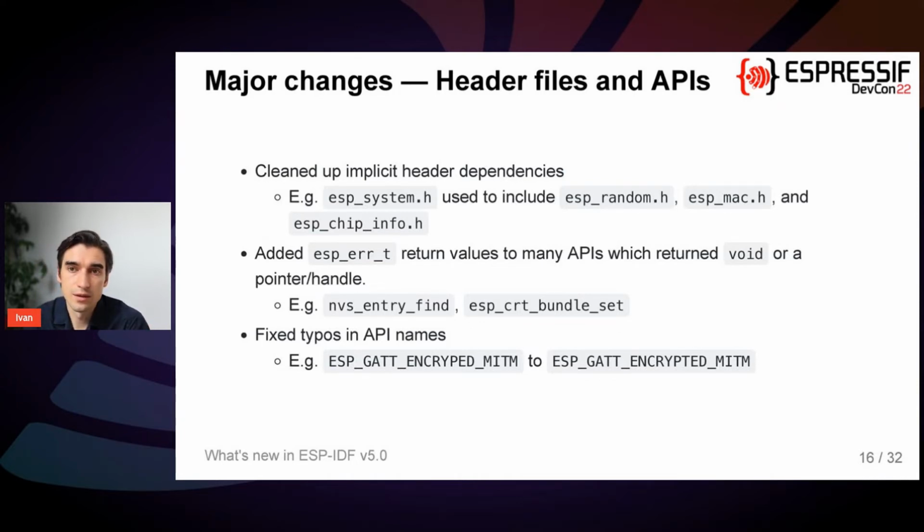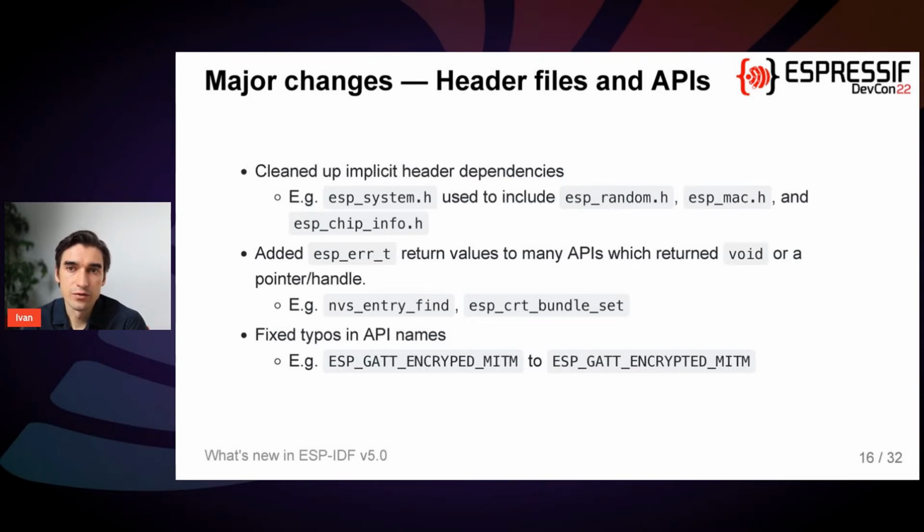This also led to problems: we couldn't break the dependency of FreeRTOS on esp_timer because of those implicit includes. So in 5.0, this is being cleaned up, and now FreeRTOS header files no longer include esp_timer.h. So if you use some esp_timer function and you haven't added this include into your source file, you will need to add it.